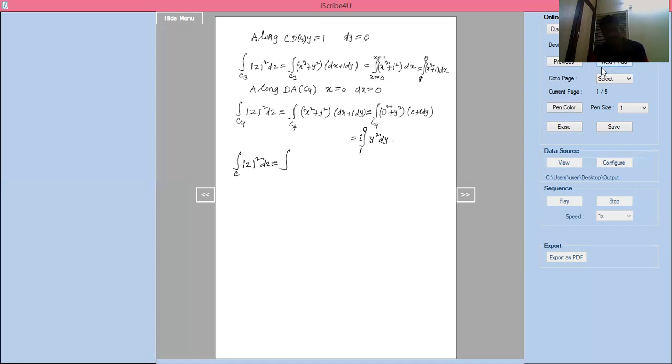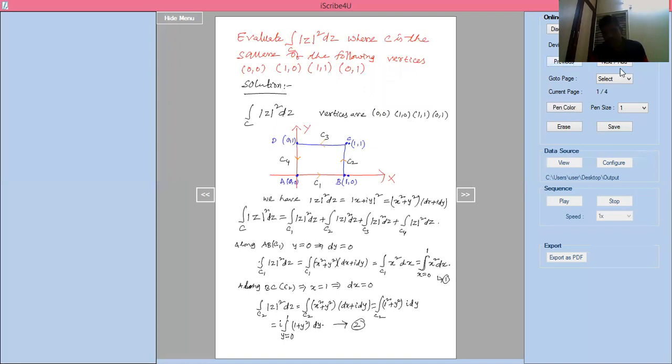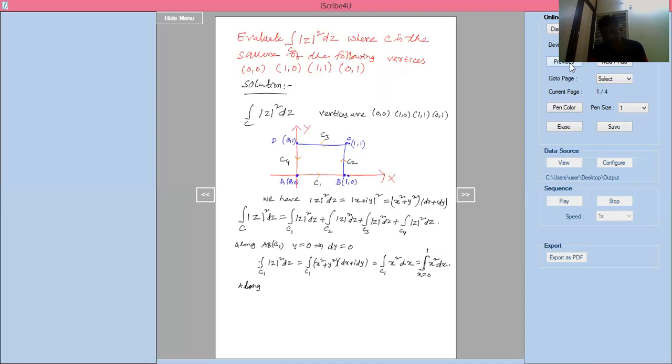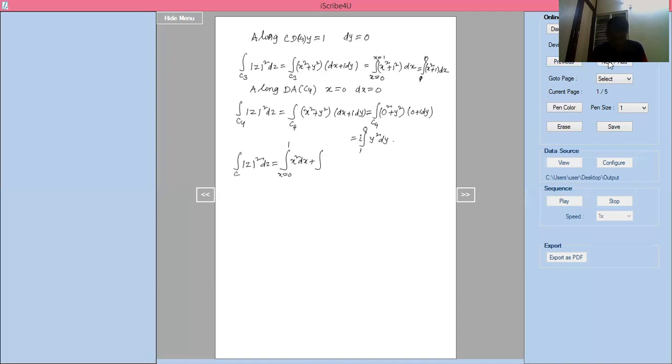C1 is x equal to 0 to 1 of x square into dx, plus the integration along BC, which is y equal to 0 to 1 of 1 plus y square into dy, multiplied by i, plus C3.